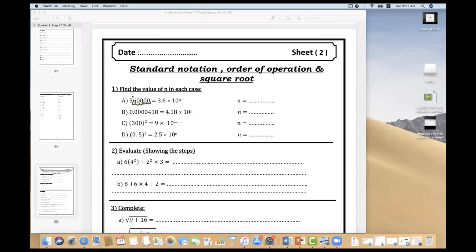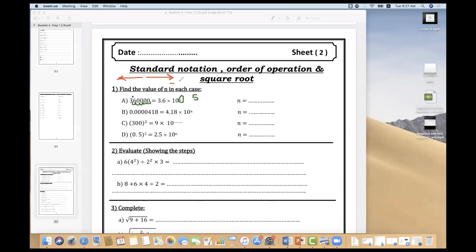1, 2, 3, 4, 5. So n will be equal 5. Positive or negative? Positive. Why? Because we made moving to the left. Excellent. If you move to the left, it is the opposite of the coordinate of the x-axis. In the x-axis, the positive is in this place and the negative in this place, so I put it in the opposite one.